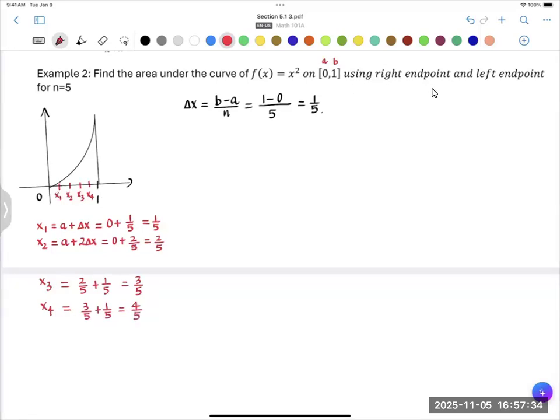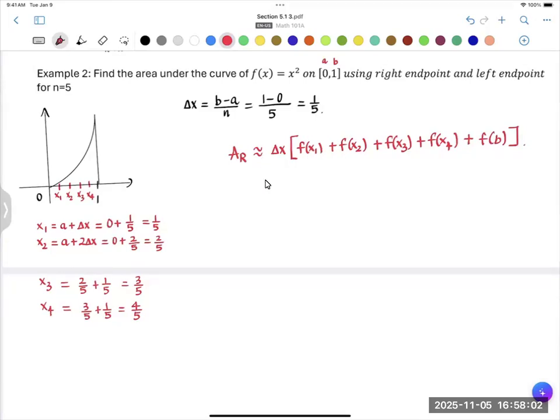And for the right endpoint, we have the area of the right. So it's going to be delta x times f(x1) plus f(x2), f(x3), f(x4), and f(b). This is the formula. Of course, when you do the problem, you don't need to write out the formula.